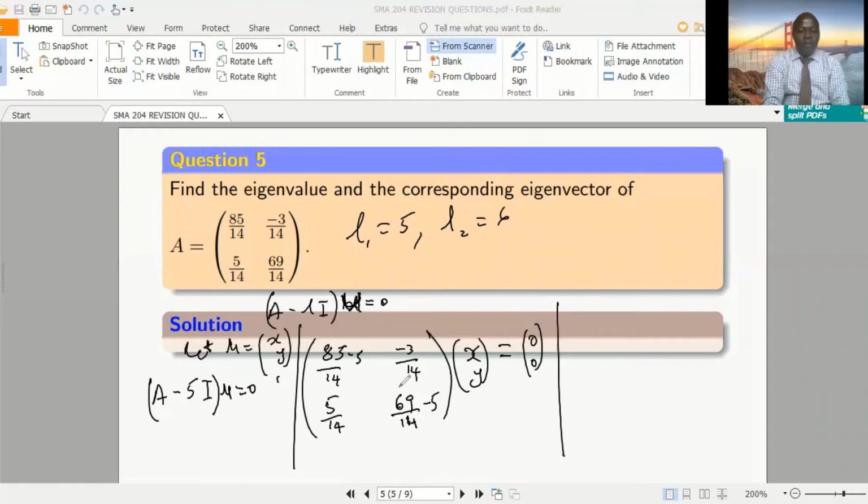Now from here I go straight to Gaussian elimination, and of course you can simplify this first. What is it when you simplify?